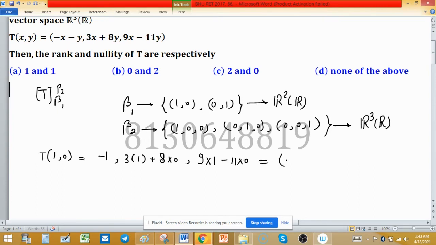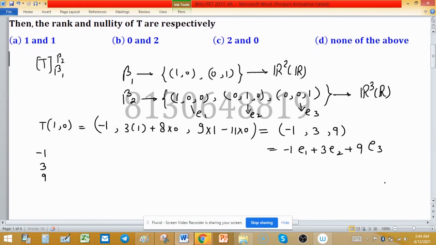So image is (minus 1, 3, 9), and this one can be written as minus 1 e1 plus 3 times e2 plus 9 times e3, if these are e1, e2 and this is e3. Means basis element for codomain can be easily called e1, e2, e3. So matrix representation first column will be minus 1, 3, 9.